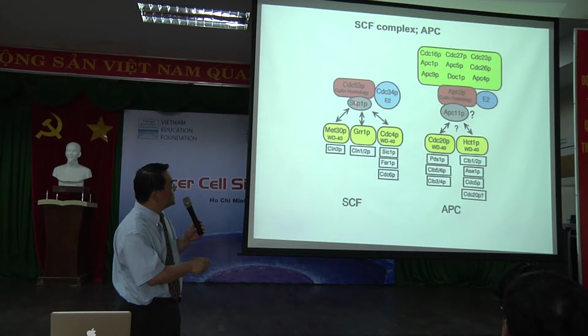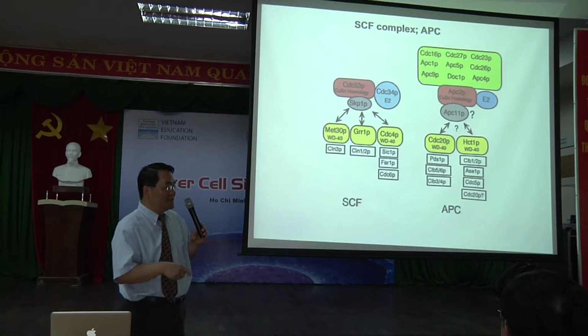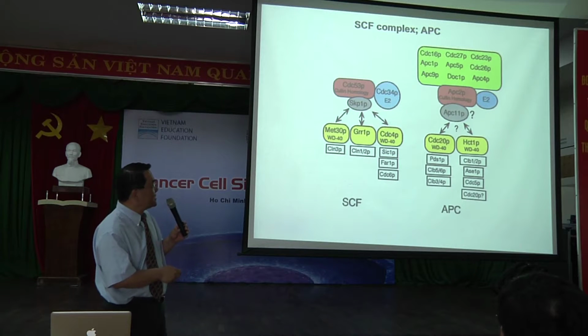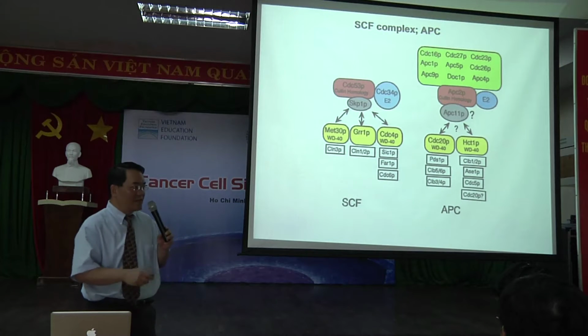Basically S, C, and then F. These are all F-box proteins. Remember, this was all in the yeast system. So sometimes you get strange names like GRR1 or CDC4. These are all F-box proteins, and they could regulate individual substrates for their regulation.